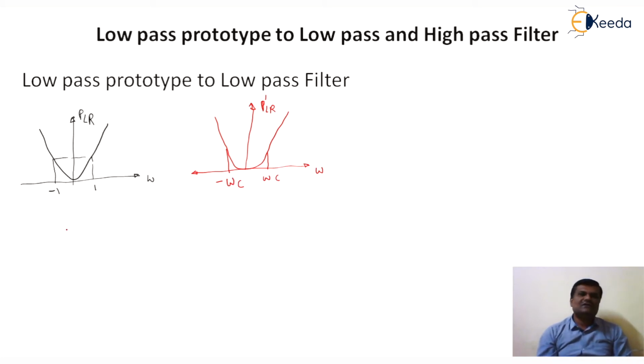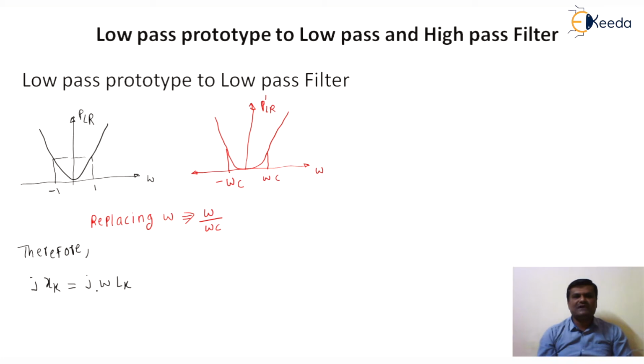So conversion from low pass prototype to real low pass filter is performed by replacing omega by omega upon omega c. Therefore, the component becomes: a series impedance in terms of frequency scaling becomes jXk, equal to j omega Lk.